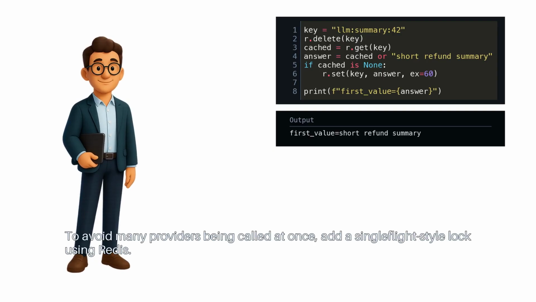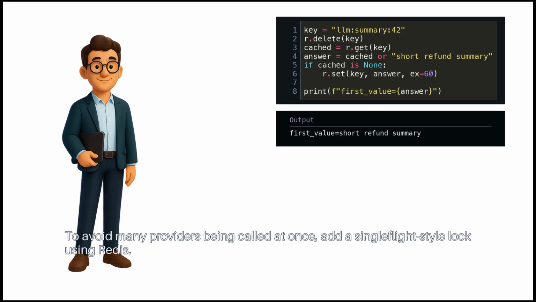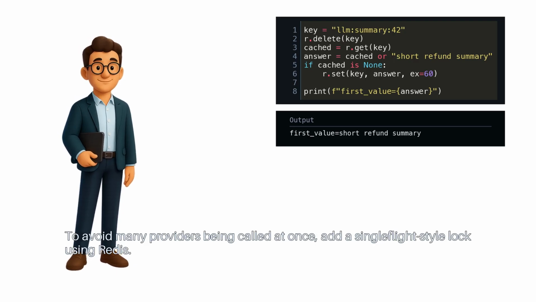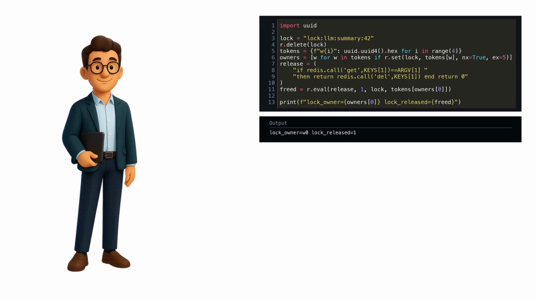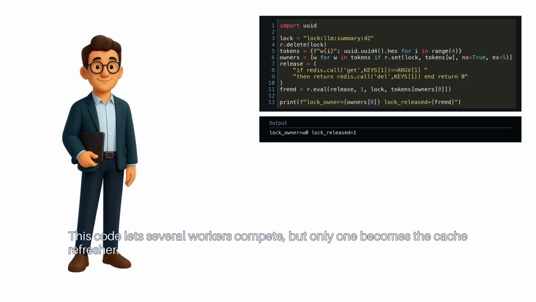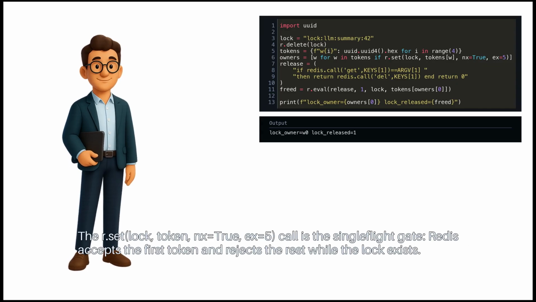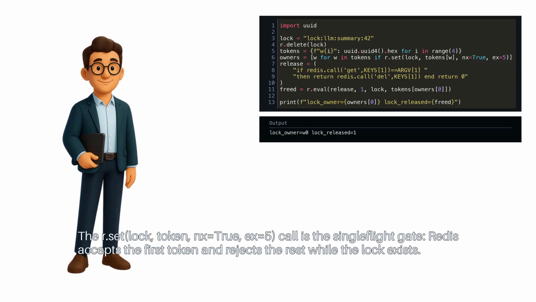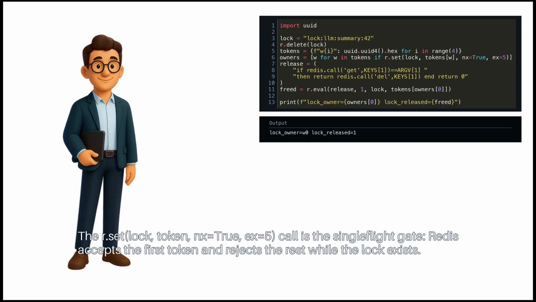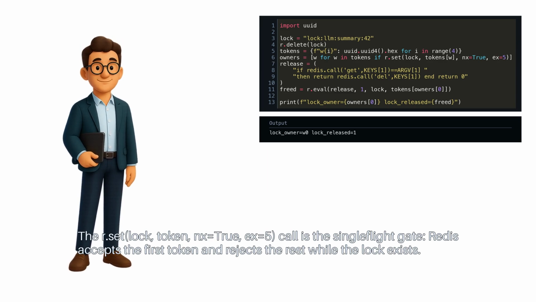To avoid many providers being called at once, add a single-flight style lock using Redis. This code lets several workers compete, but only one becomes the cache refresher. The r.set lock token nx=True, ex=5 call is the single-flight gate. Redis accepts the first token and rejects the rest while the lock exists.